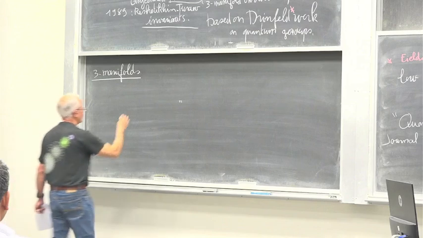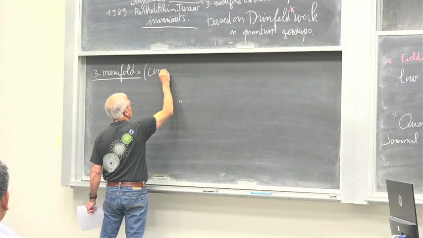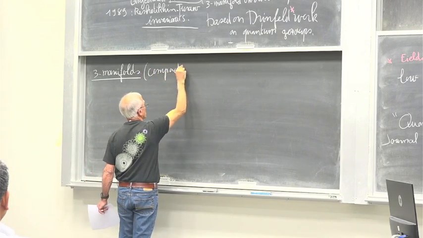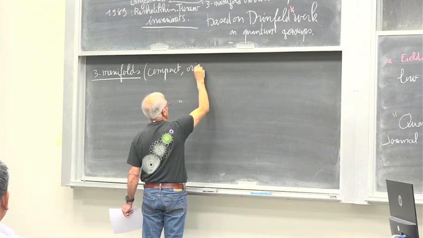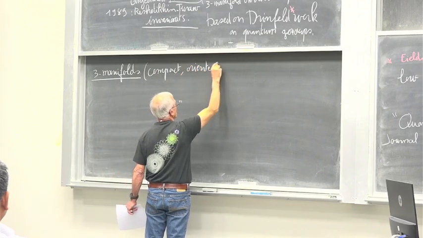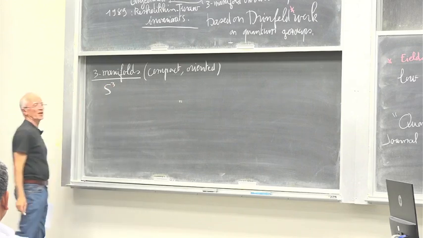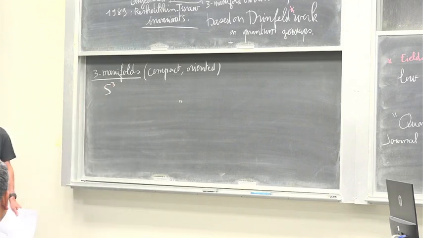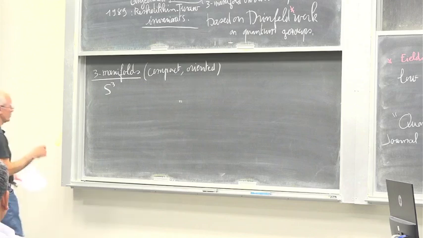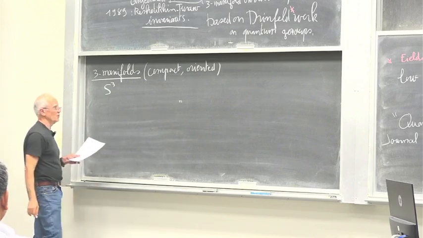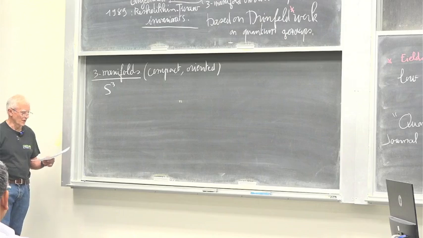Here, my three manifold will be compact and oriented. And we already had the example of the three sphere. So compactified space, but maybe you did not work a lot with this, but you have many.